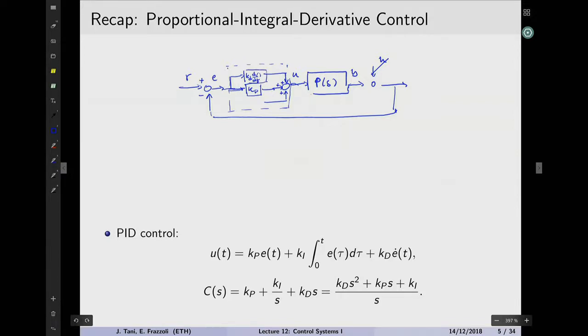And the third part is proportional to the integral of the error. This generates a control law with these three terms, which can be expressed in the frequency domain like this, remembering that integration in the Laplace domain is just a division by S, and differentiation is just a multiplication by S.